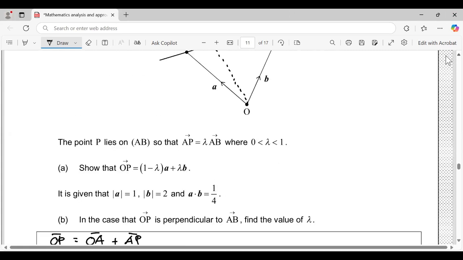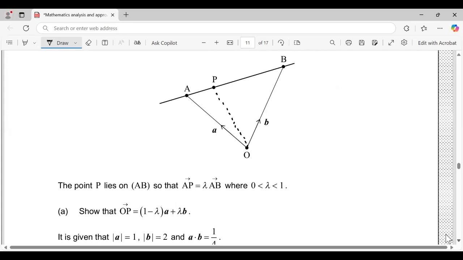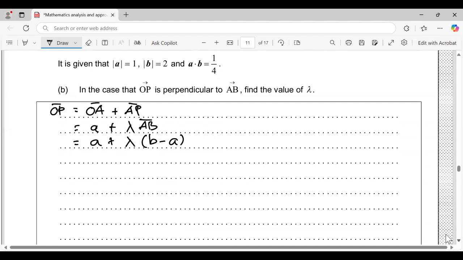Look at this diagram: this is B, this is A, vector OB is b, vector OA is a. After that, a plus lambda b minus lambda a. And then factorize: (1 minus lambda) multiplied by a plus lambda b. This is vector OP.